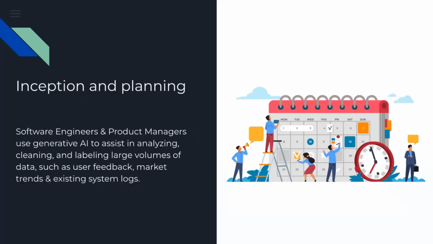So now coming to the first use case: generative AI can help in inception and planning. Many engineering managers, product managers, and software engineers can have generative AI take in all your Jira tickets, for example, and other information related to your product.